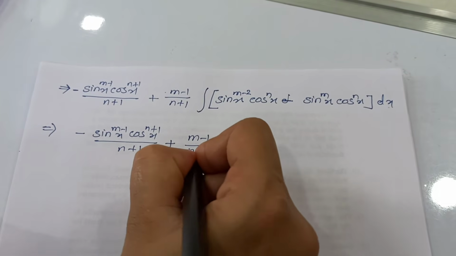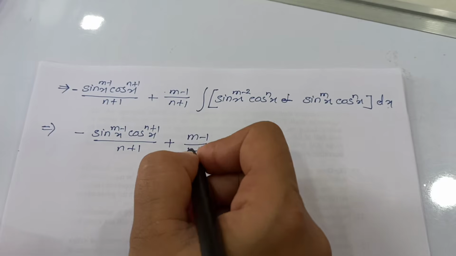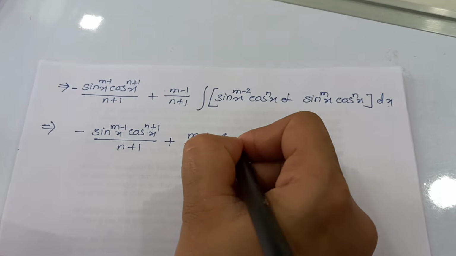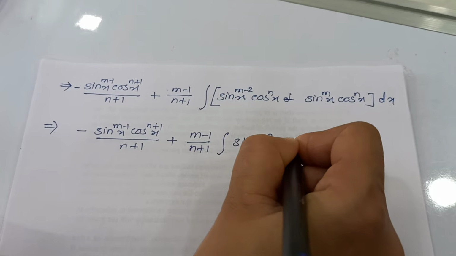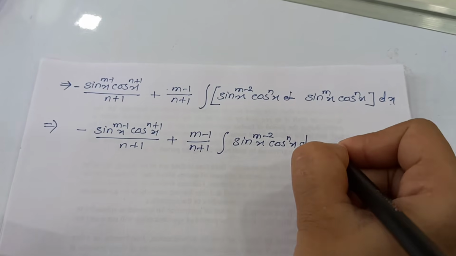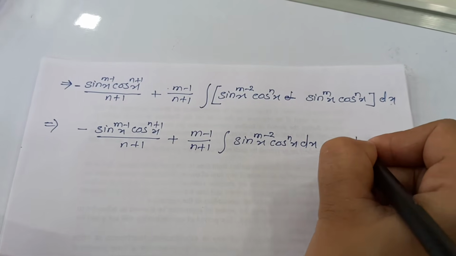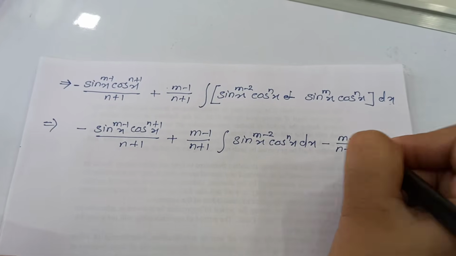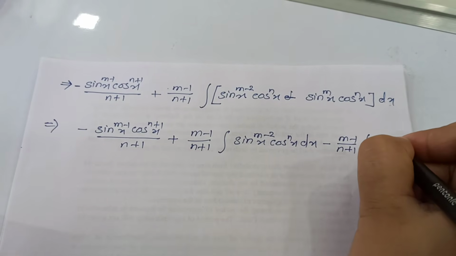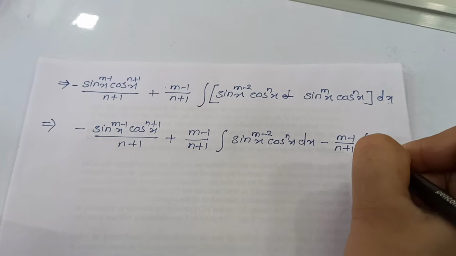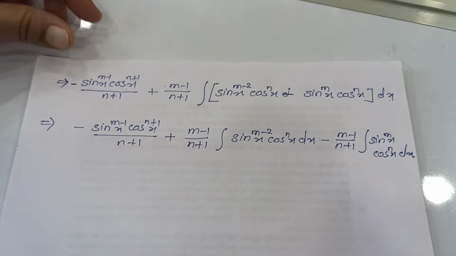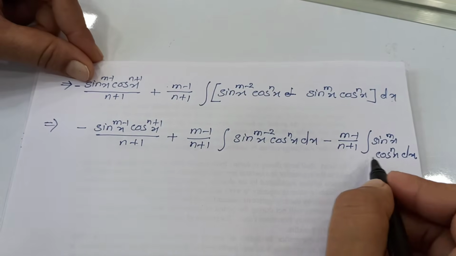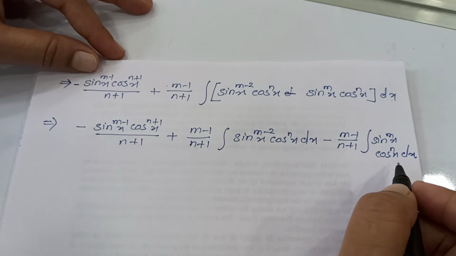So we have here m minus 1 upon n plus 1 integration sin raised to m minus 2x cos raised to nx dx, then minus m minus 1 upon n plus 1 integration sin raised to mx cos raised to nx dx. Now let's put this integration in terms of the notation that we have used.